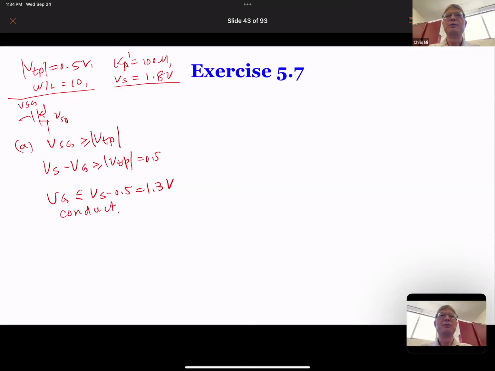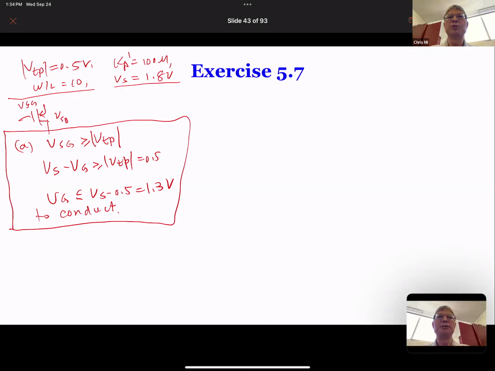But of course, we don't know whether it is going to be in triode or in saturation. So the next question asks, in terms of Vg, find Vd for which the transistor operates in the triode region. In order for this to operate in the triode region, we need to find VDS, or we also need to find VOV.